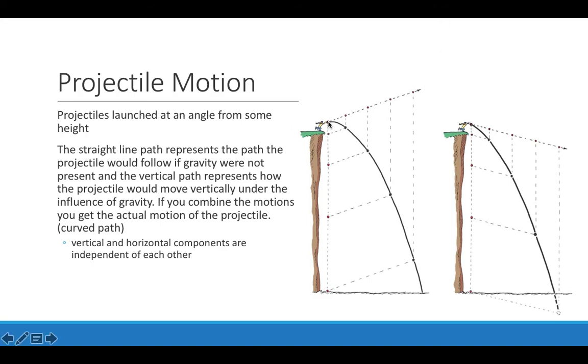You look at the straight line path that the object would follow, figure out how much distance would be covered every second depending on how fast it's thrown, and then look at how far it falls every second based on that time, and combine those results. In one case the object is thrown up at an angle, and in the other it's thrown down at an angle. But again, the vertical and horizontal components of the motion can be thought of as completely independent of one another.